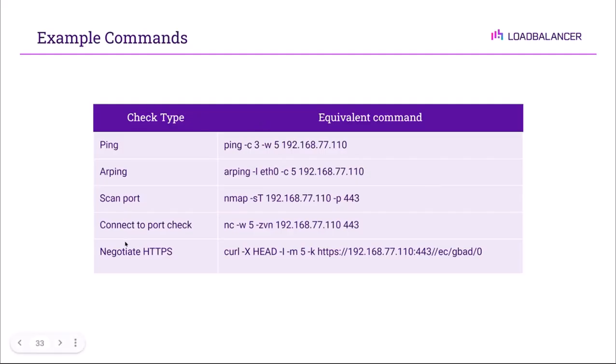So as you can see, there are types of checks that we would do, the health checks like ping or connecting to a port or negotiate HTTP. These are simply the commands that you would run in order to confirm that those things are fine. One thing that I would like to point out about ping, for example, this example is from Linux, as the load balancer is based on Linux.